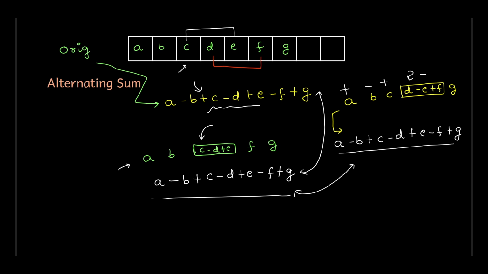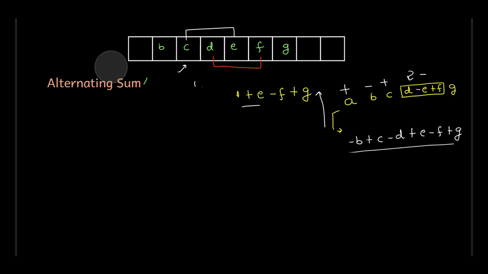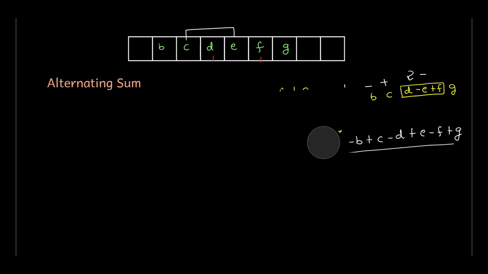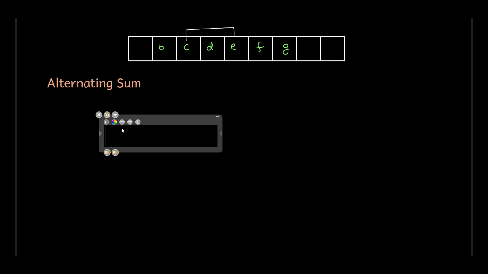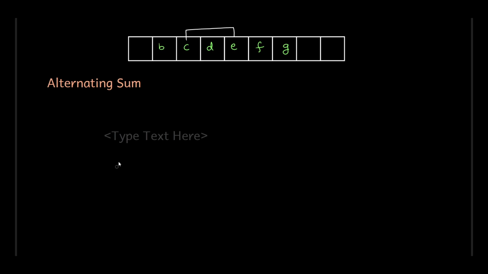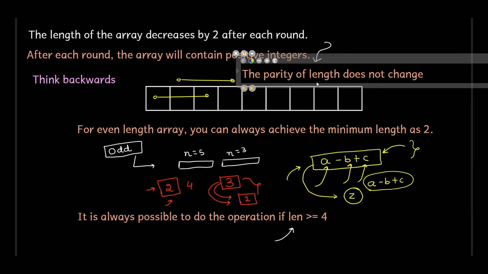So we have made a very big discovery, which is that the alternating sum is what's known as an invariant. So in these kind of problems, even though there is no rule book or playbook to solve these kind of problems, some techniques that you could use is try to find some invariants. So you will realize that we already found some invariants, which is the parity of the length that was an invariant.